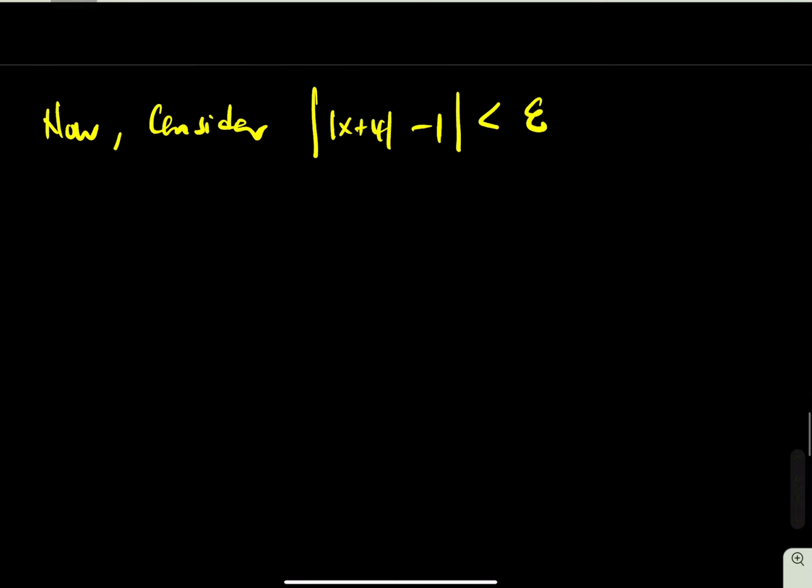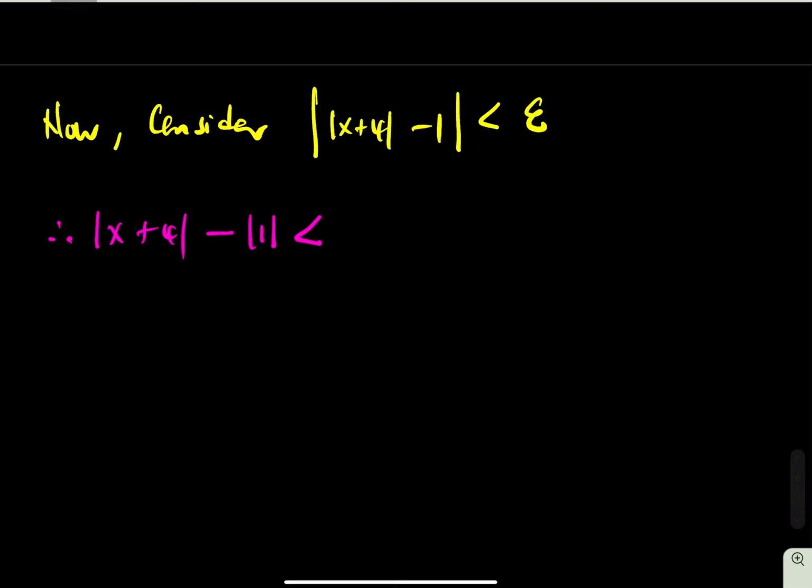Think about it. If you now want to apply the properties of modulus, that is going to be a reverse triangle inequality. That is the modulus of x plus 4 minus the modulus of 1, the absolute value of 1, less than the epsilon.